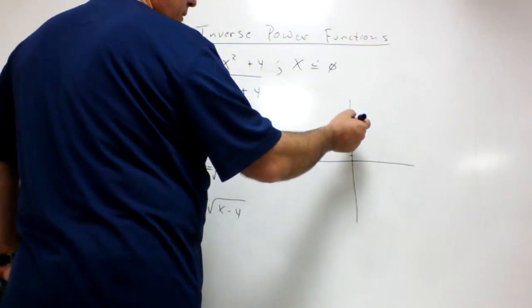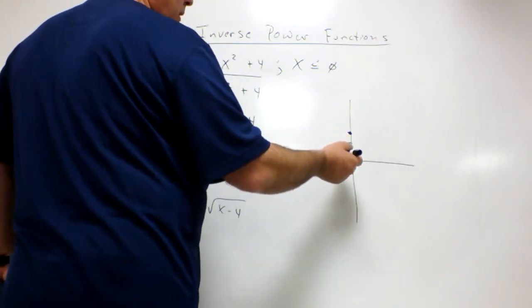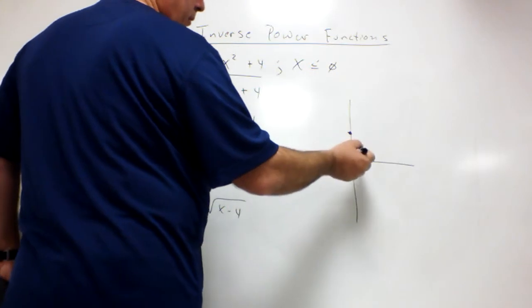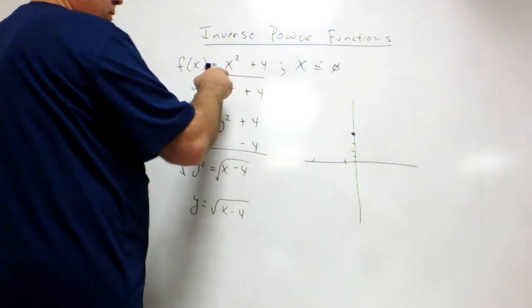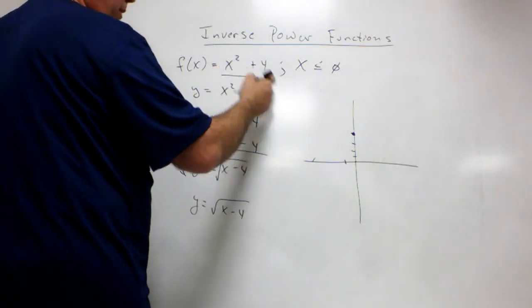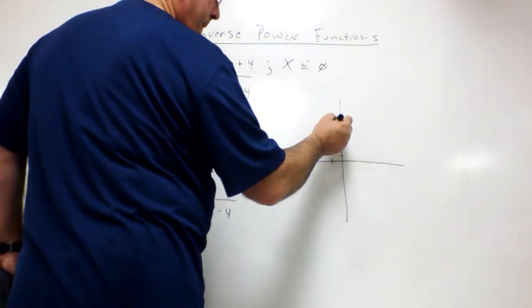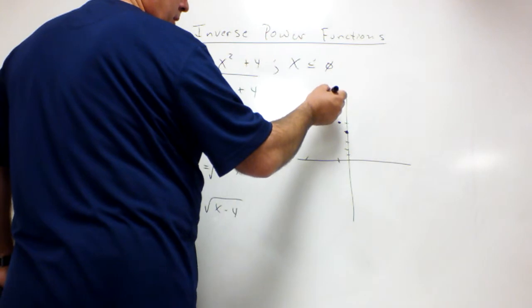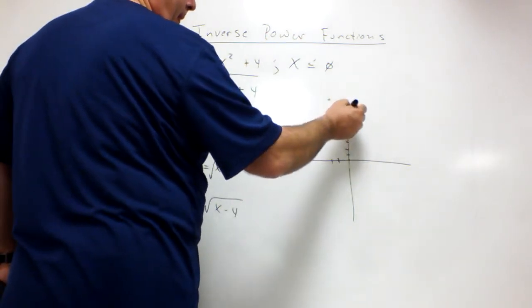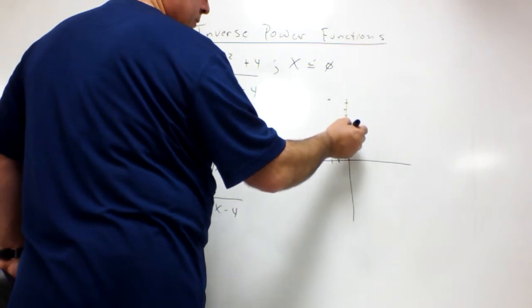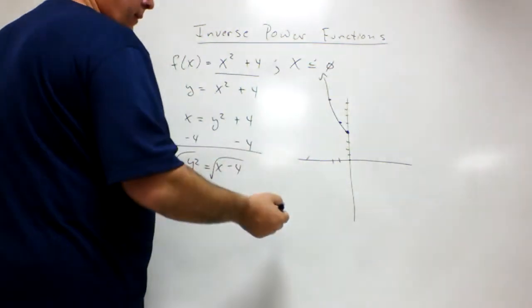If x is, let's see, 1. Actually, we want less than, right? So we want negative 1. Negative 1 squared is 1 plus 4 is 5. And then if we go to negative 2, we're going to go up 4. And so this would be the left side of the graph.